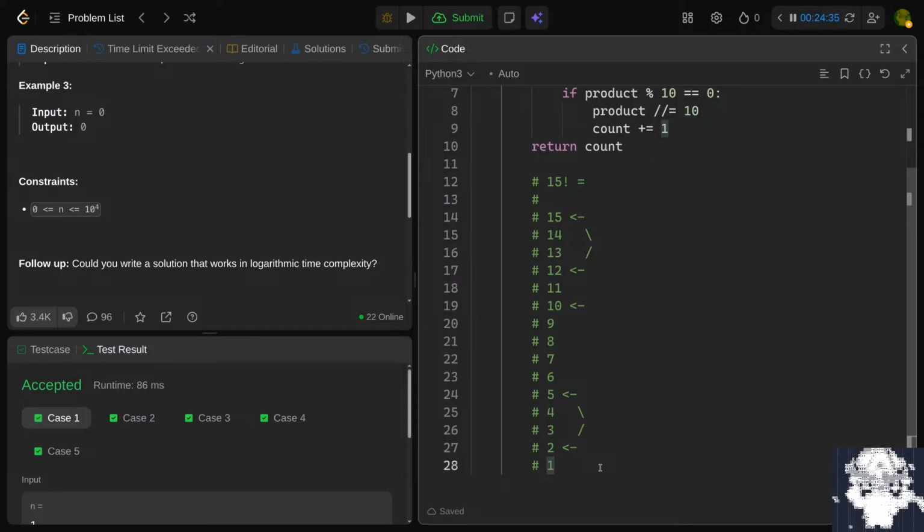Or yeah, multiples of 10. I must be missing something. Well, I am obviously missing something, but I must be missing something about how to recognize these.